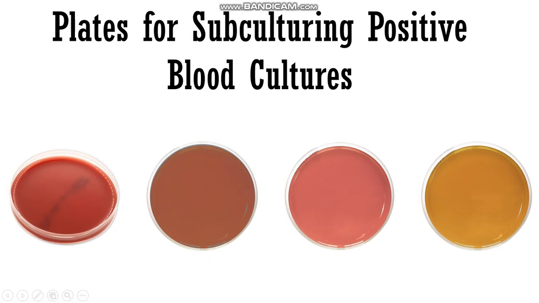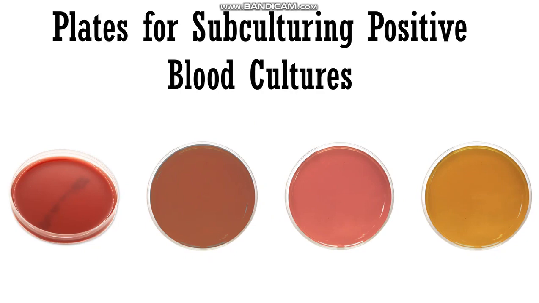MacConkey, on the other hand, is a selective plate for gram-negative bacteria that will differentiate lactose fermenter bacteria like E. coli, which will produce pink colonies, from non-lactose fermenter bacteria like, for example, Pseudomonas, Proteus, or Salmonella, which produce colorless colonies.